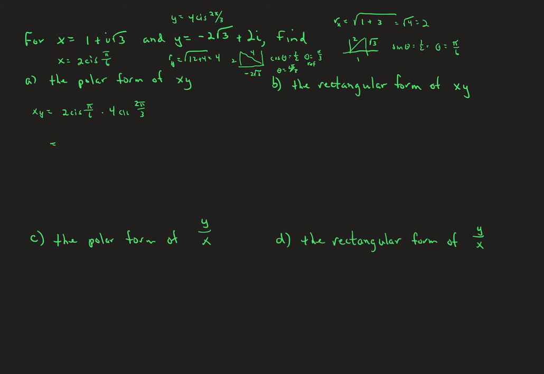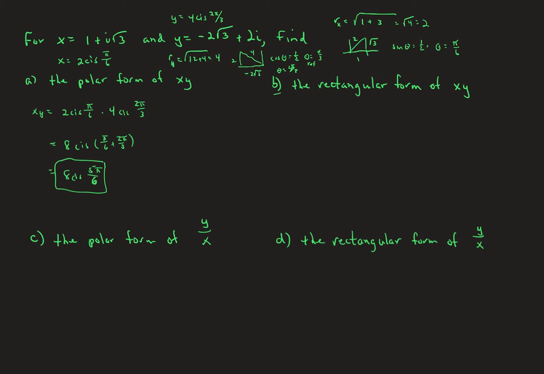We'll multiply the r values and we will add the angles. So getting a common denominator of pi over 6, that's 4/6 plus 1/6, that's 8 cis 5 pi over 6.